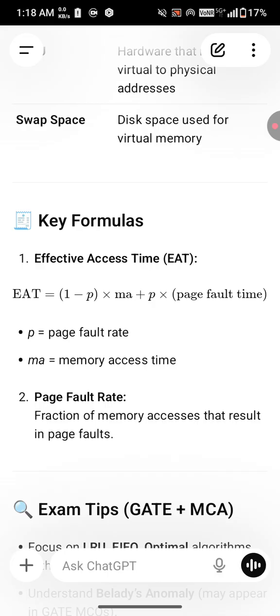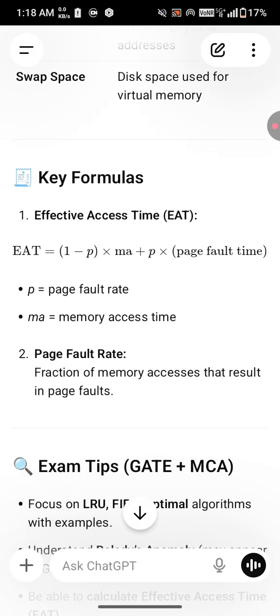Page fault rate is the fraction of memory accesses that result in a page fault.